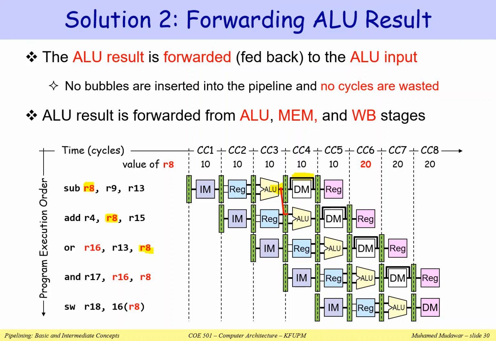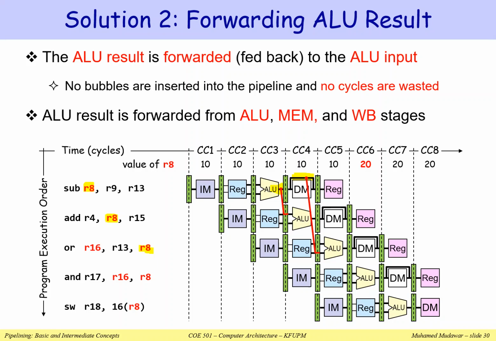So we have to keep track of where the ALU result is, and we have to forward the ALU result from the fourth stage back into the ALU input. It will be the second ALU input, because now R8 is the second source register, not the first. So here we are forwarding from the memory stage back to the second input of the ALU.